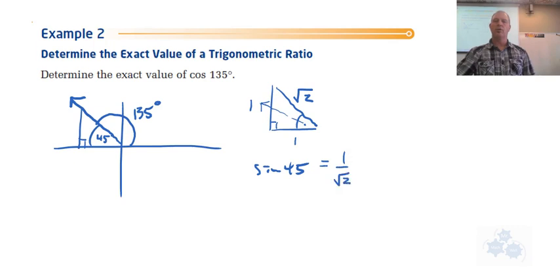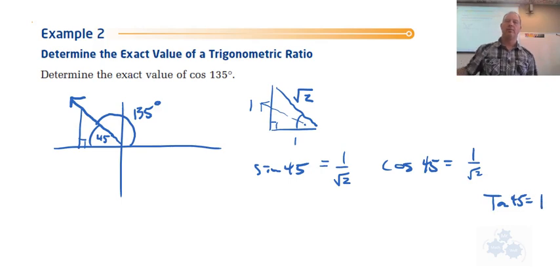That's 1 over root 2. The cos for 45, because it's a reference angle, I can work with that one. The cos is what? Adjacent over hypotenuse, or x over r. Right? So that's also 1 over root 2. And the tangent of 45 is 1 over 1.